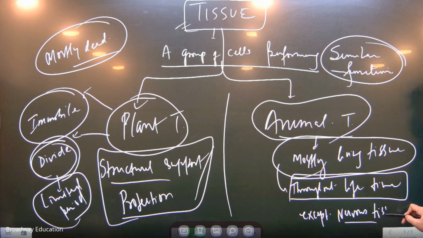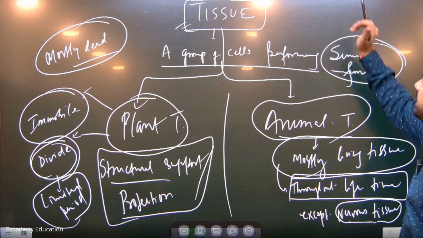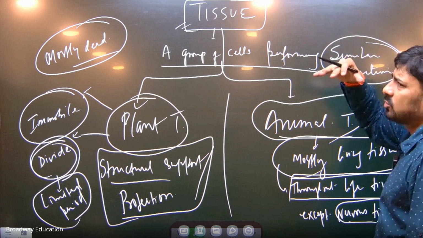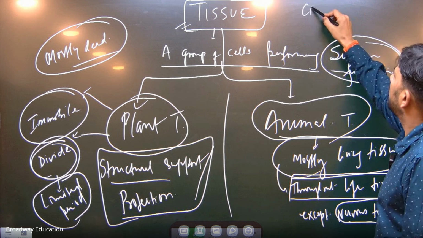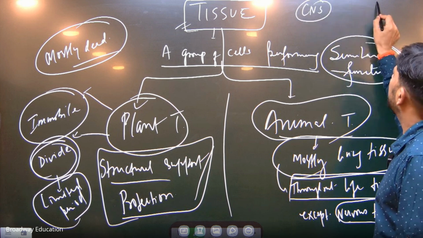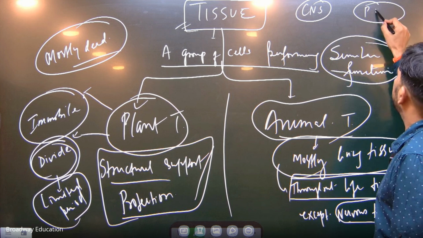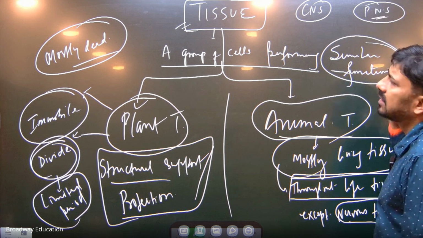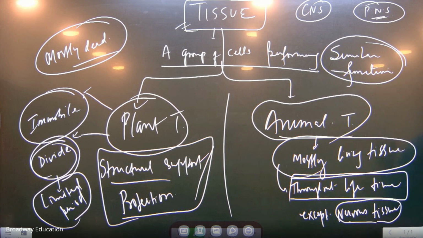Now in the nervous tissues, what we observed was that the nervous tissues are broadly classified under two broad subheads. One is called the central nervous system, and the other is called the peripheral nervous system. Getting my point? Yes or no?